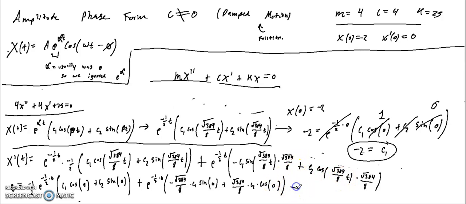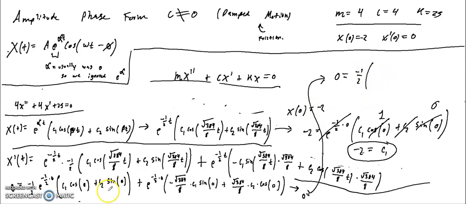So this ends up equaling 0 equals, follow me up here, 0 equals negative 1/2 times 1.